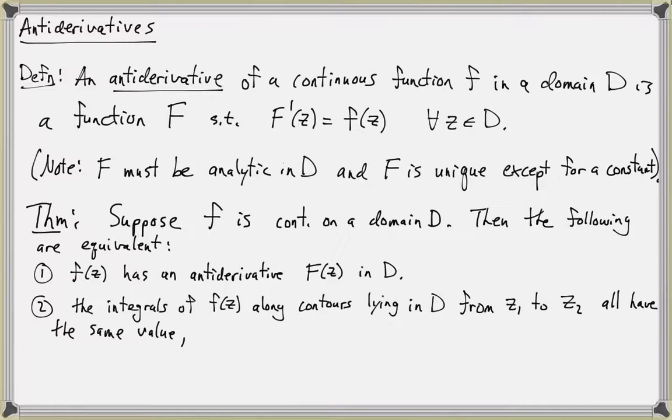And using the antiderivative of statement 1, we can define this value. So the integral of f dz from z1 to z2, using the antiderivative, would be capital F of z2 minus capital F of z1, again where capital F is the antiderivative from part 1.